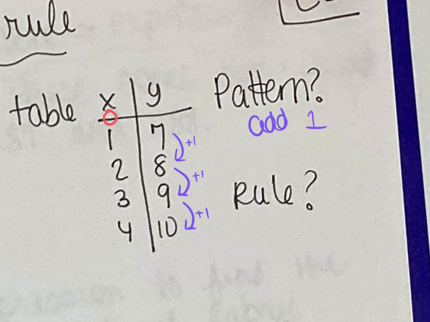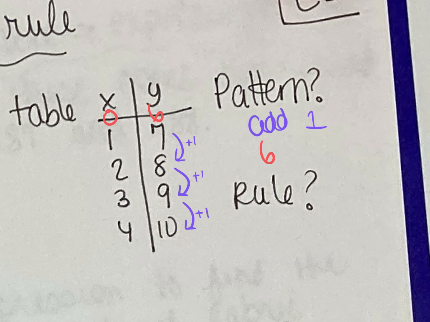If I back it up to 0, 10, 9, 8, 7, figure out what would go right here if I back up the pattern. What would go there is 6.